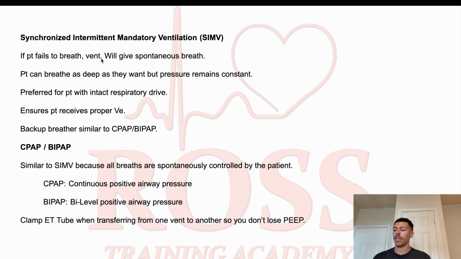And so they're going to be able to take as many small or as many big breaths as they can, and they're going to have full control of how much air they're going to suck in during each breath. If they just do a little gasp and a real small breath, then they're just going to get a real small bit of air. If they want to do a real big breath, they're going to get as much as they want to suck in.